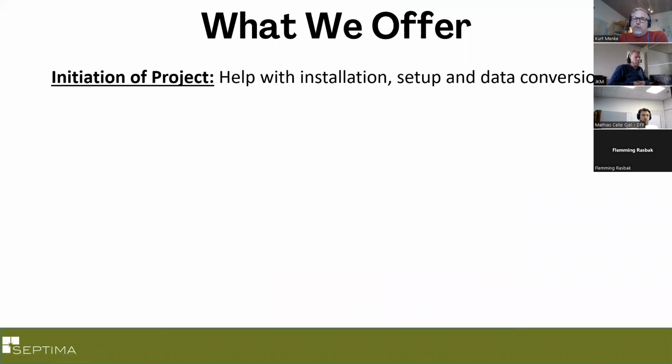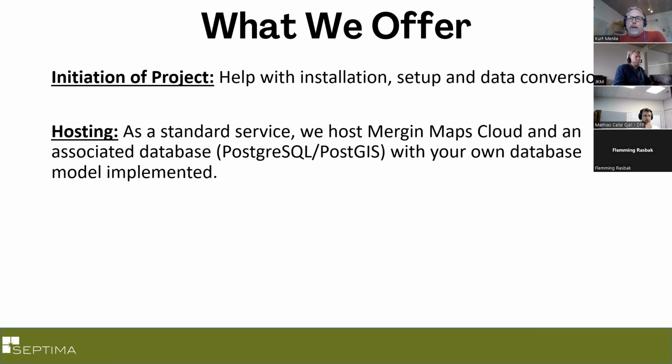So what we can do is help with installing the software, setting it up, and doing any data conversion you might need on your end. We can basically help initiate a project, and then once it's set up, you can use that. We also now are offering hosting, so we have our own Mergin Maps server, and we can host that for you with an associated Postgres database with your data model implemented if that's appropriate.